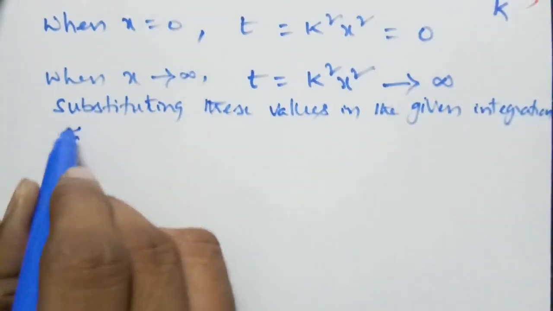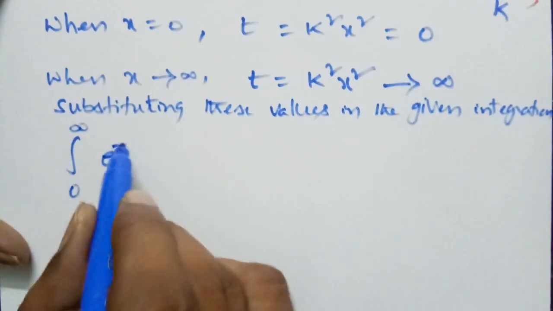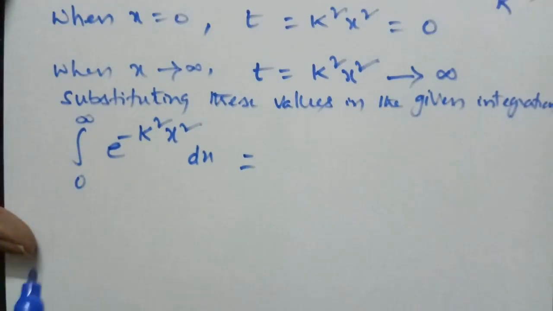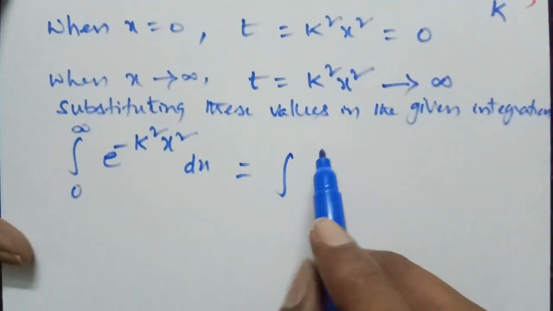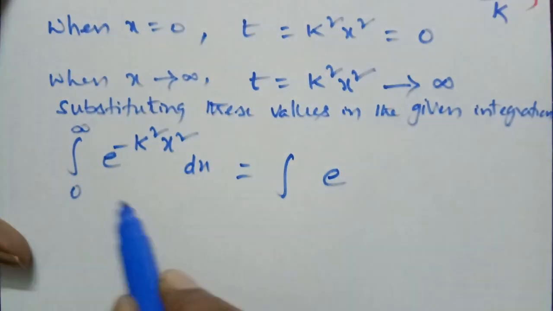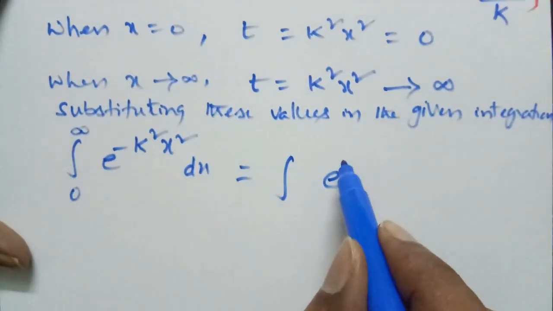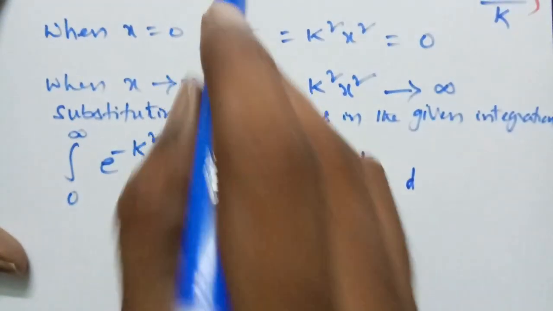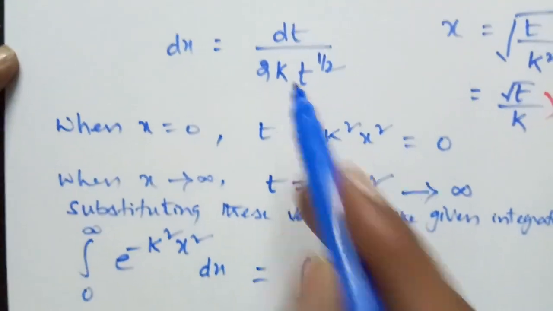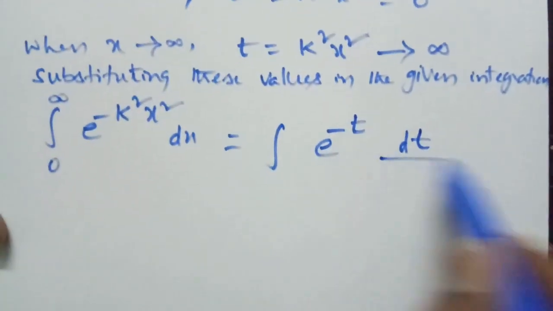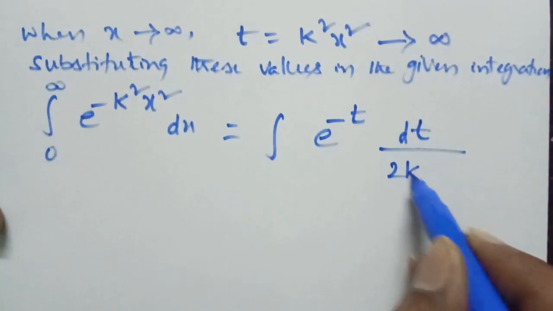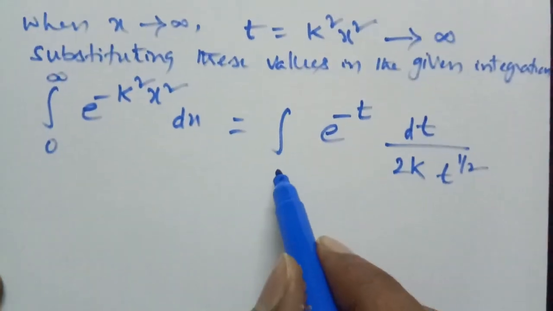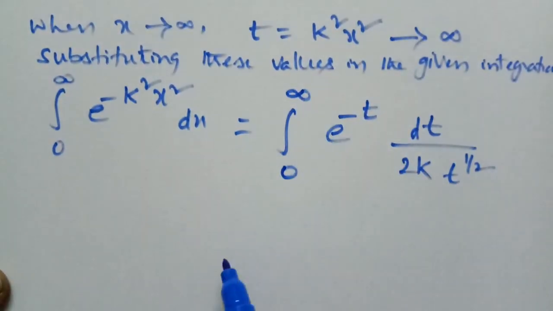We get integral 0 to infinity e power minus k square x square dx, that is equal to integral e to the power of minus k square x square, we assumed that t, into dx value dt by 2k into t to the power of 1 by 2. Limits 0 becomes 0, infinity becomes infinity.